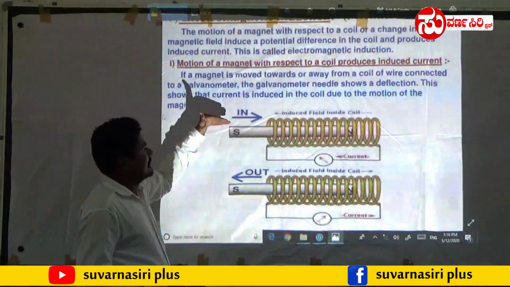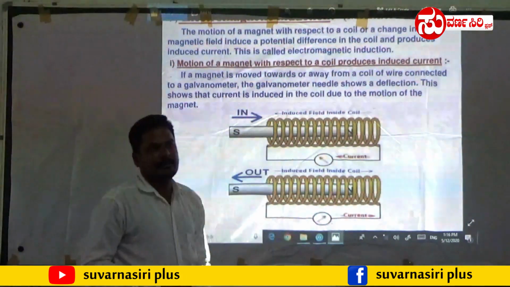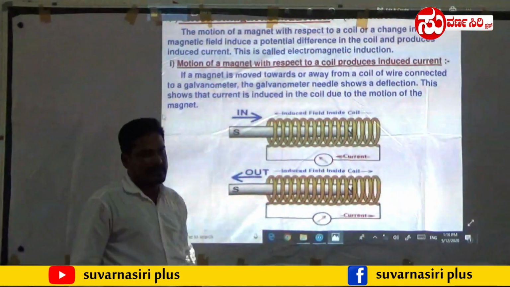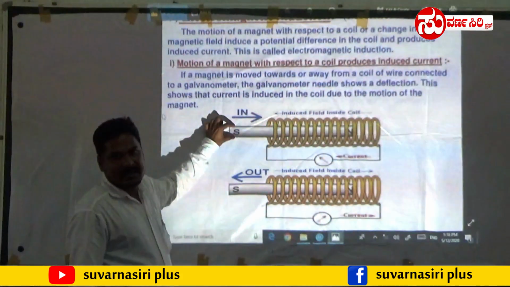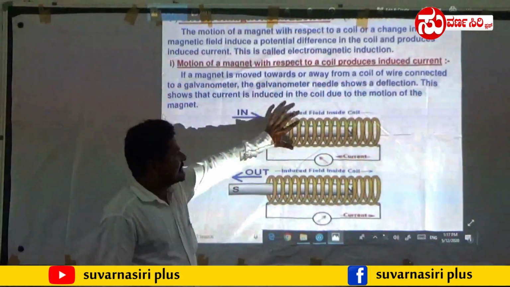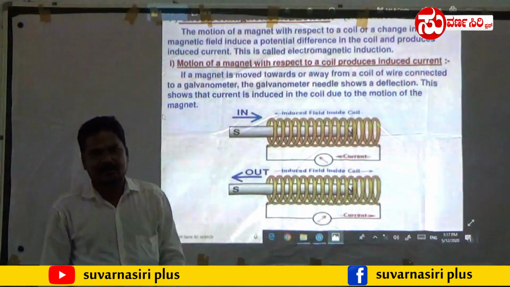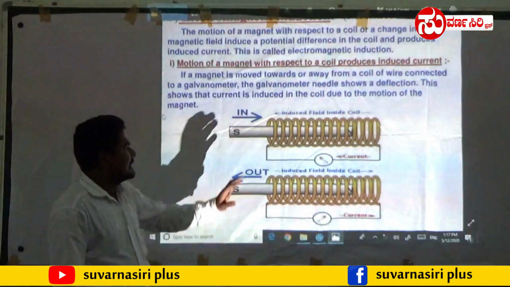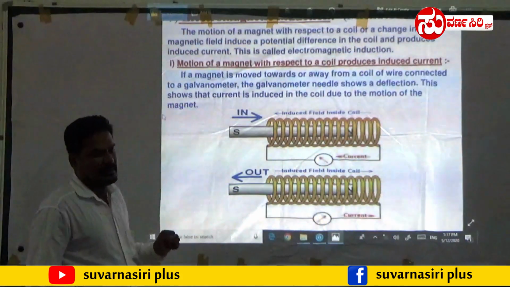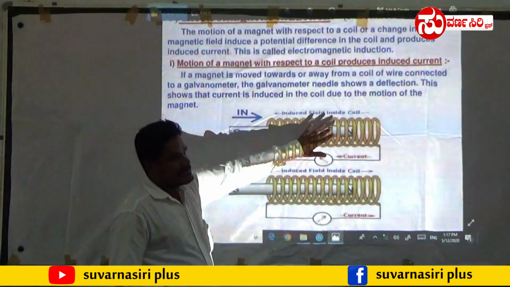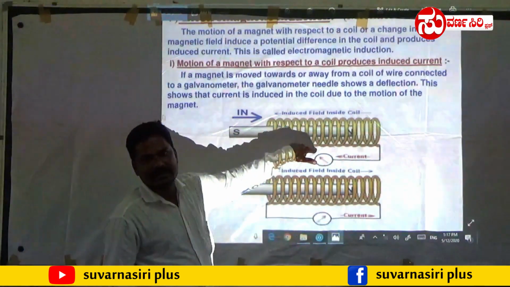When Faraday pushed the magnet inside the coil, the magnet's magnetic field produced an electric current, and there was a deflection in the galvanometer. When Faraday took the magnet outside of the coil, there was again a change in the magnetic field, and a change in the magnetic field produces electric current.